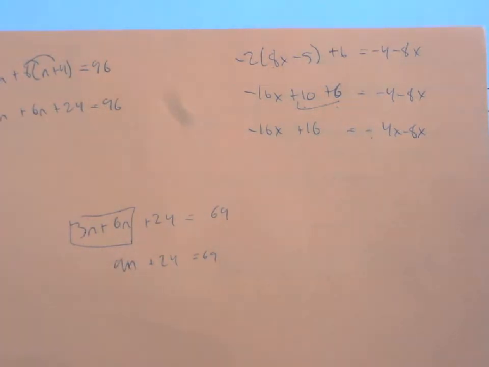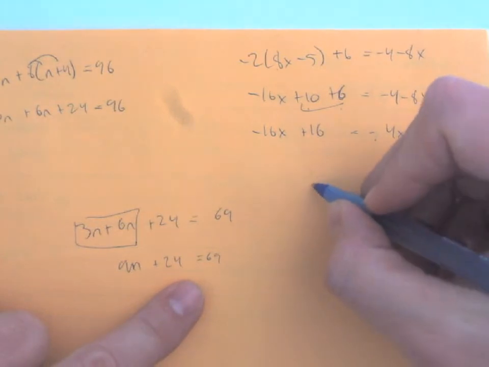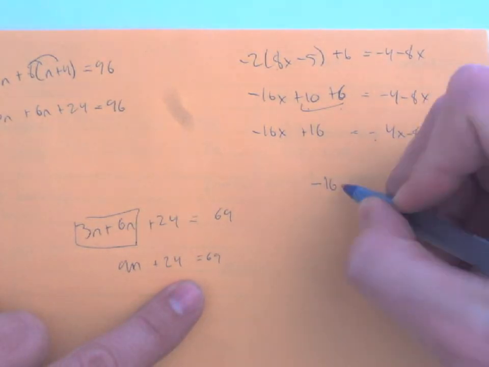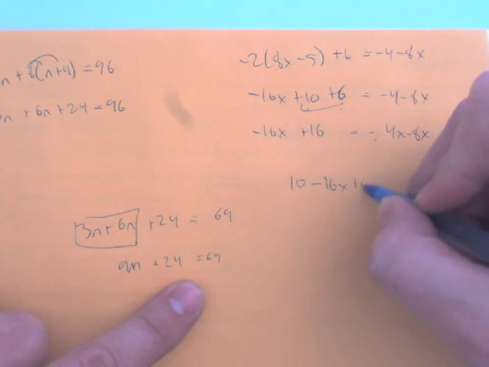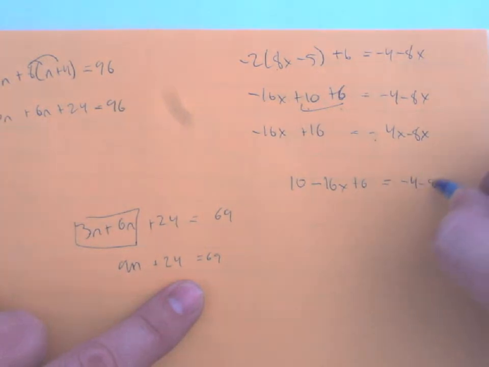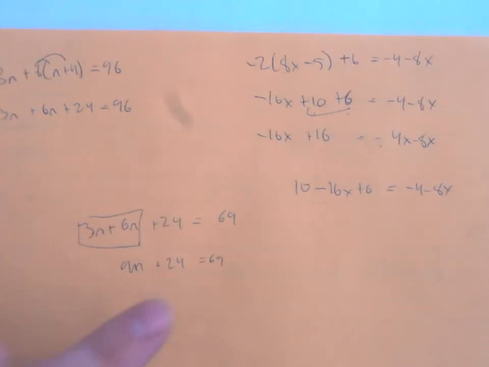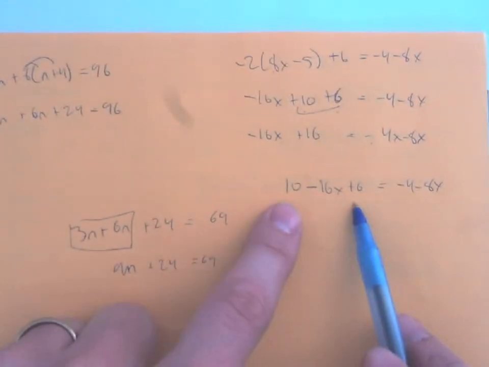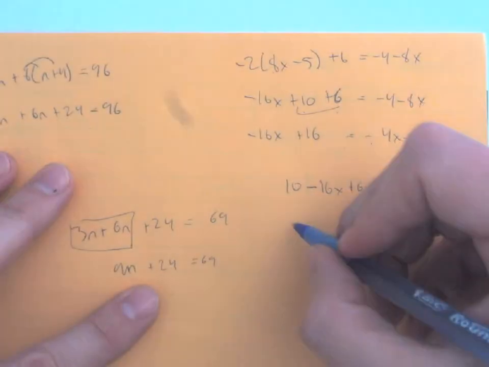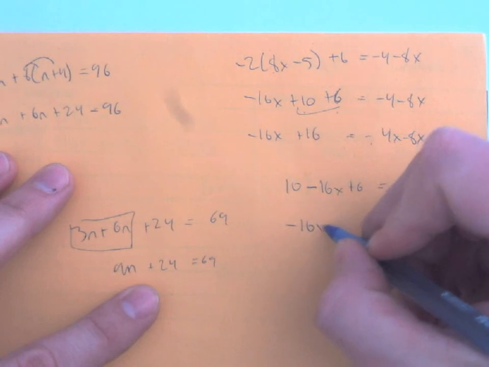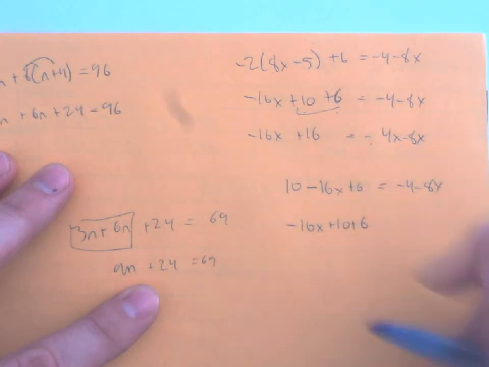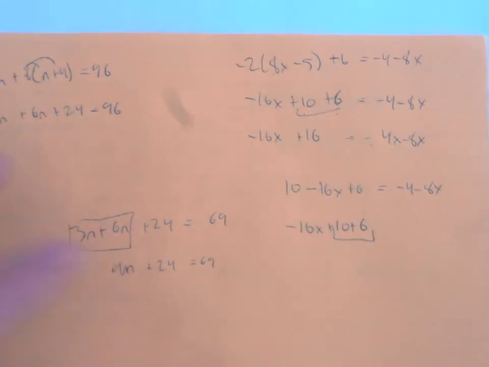Now just real quick, on some of these problems, you may have the like terms not next to each other. Let me give you an example of that. Let's say you have this, 10 minus 16 plus 6. Same kind of idea, but these are on the other side. You may want to reorder this so that those numbers are next to each other, and it makes more sense what you're doing.